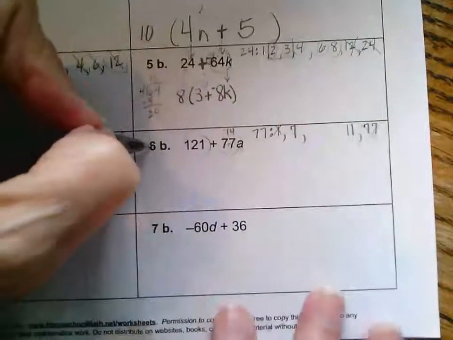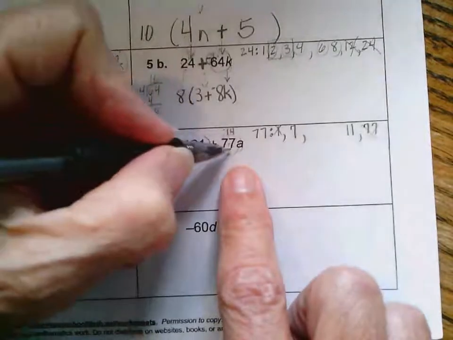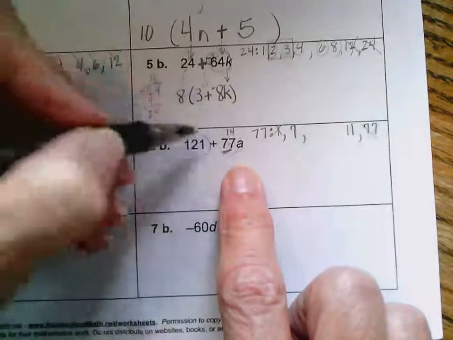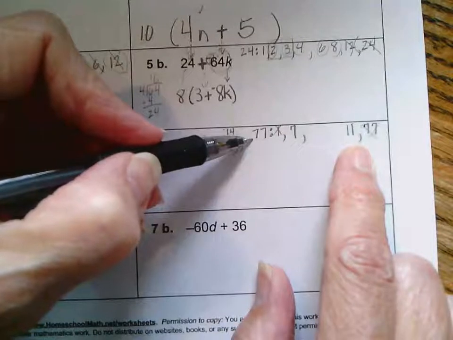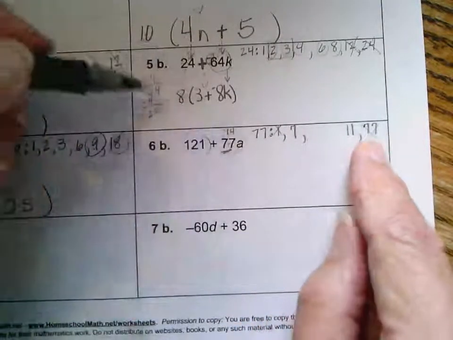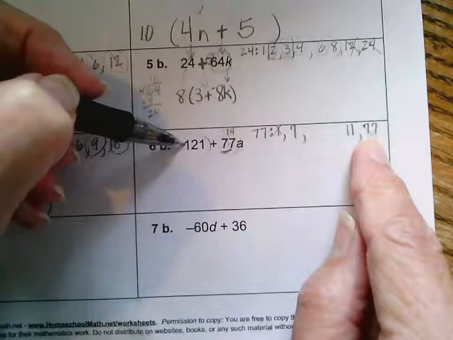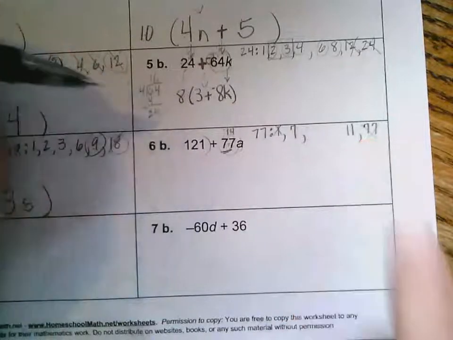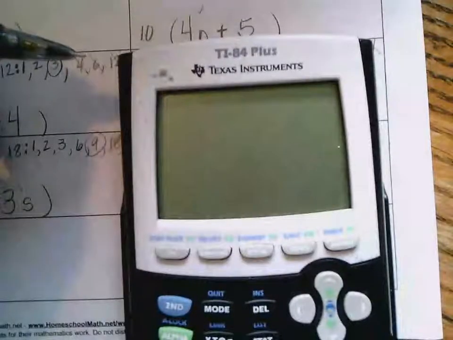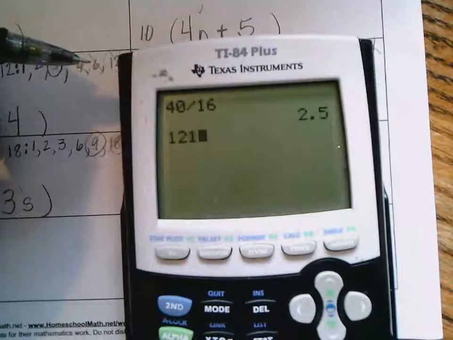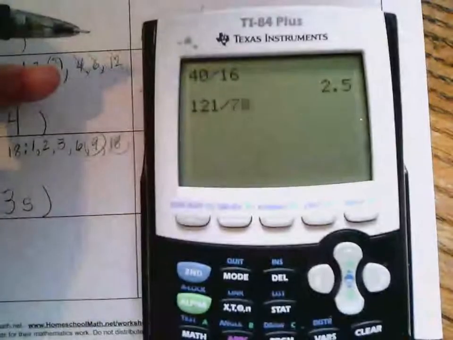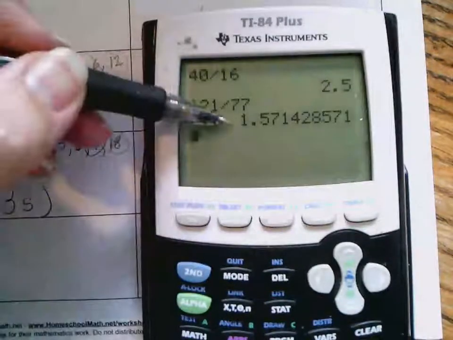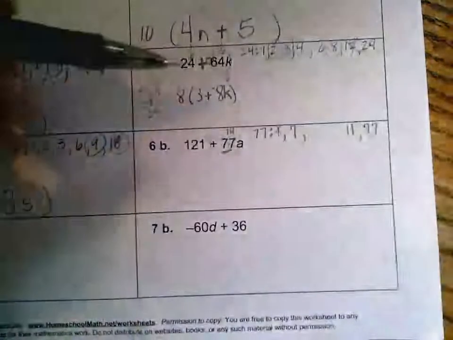6. My smaller number is 77. I listed the factors of 77 up here. Starting with the largest one, it is not a factor of 121. And if I'm not sure, I key in 121 divided by 77, and I get this big long decimal, so that doesn't work.